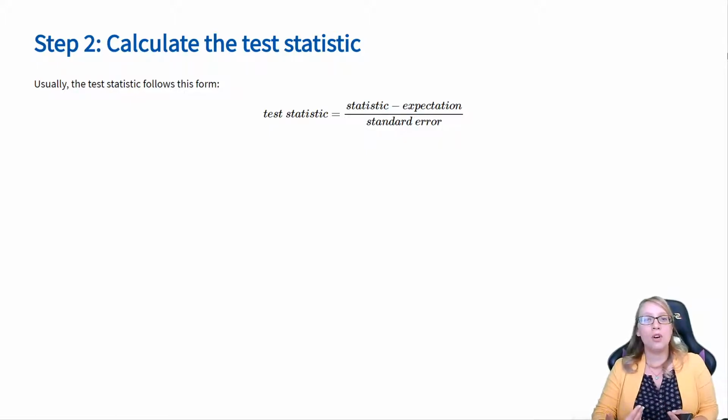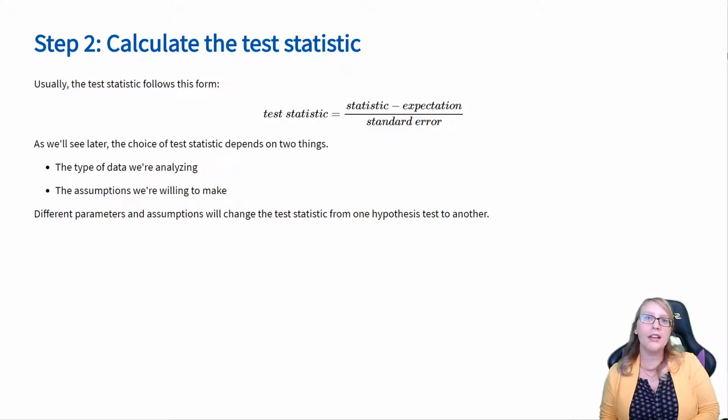A common form of a test statistic is this. We very often will take our sample statistic, whatever that is, subtract the expectation under the null hypothesis, so what would we expect our samples to look like if the null was true, and then divide by the standard error. This choice depends on some things. There's actually 2 criteria we'll use.